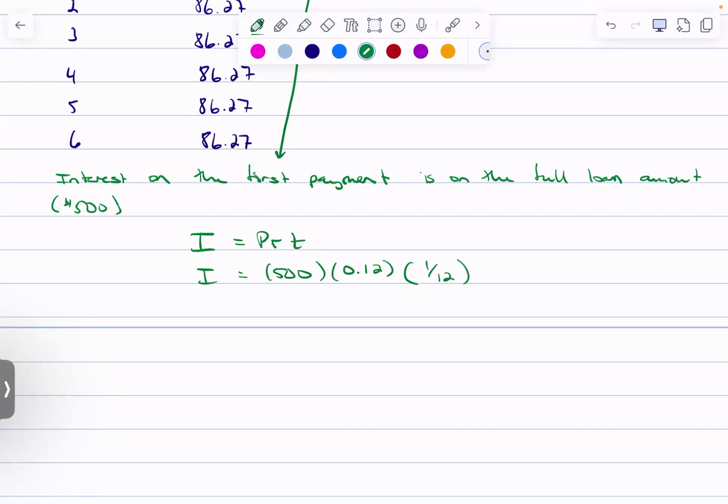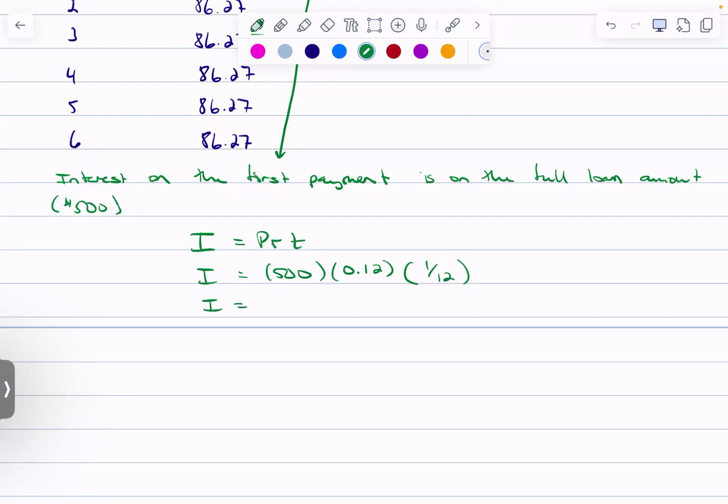We only use the simple interest formula because it's just for that one little stretch, no compoundings in between. Or you can take the amount owing, or the balance, and multiply it by the rate split over however many payments per year we're doing.